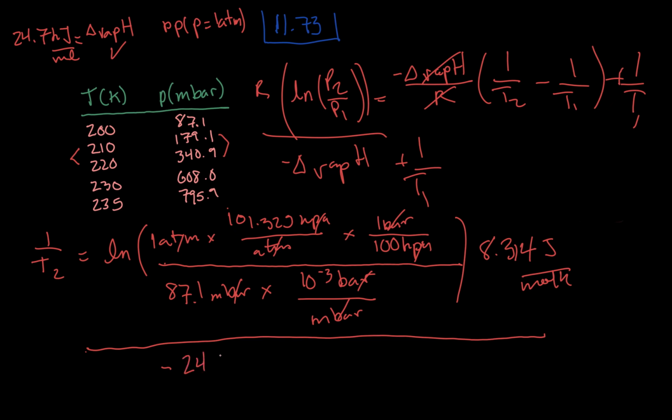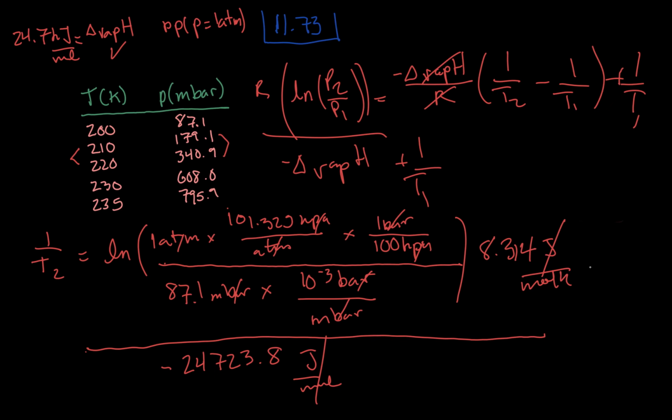2, 4, what is this? 7, 2, 3.8. Hope that's the right value here. Okay, and this is joules per mole. All right, so that's gotten rid of that. We are left with something in 1 over K, which is perfect.